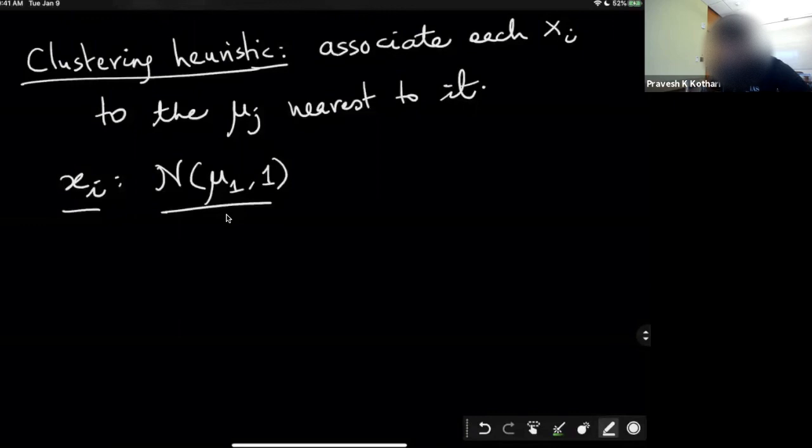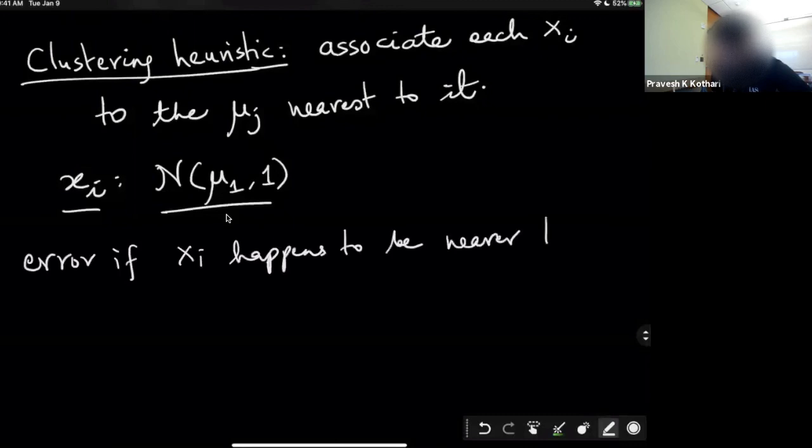Error if xi generated from the first Gaussian happens to be nearer to mu sub j for j bigger than 1.